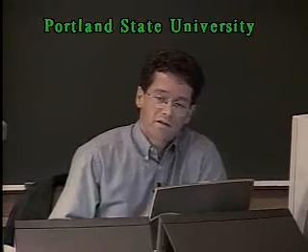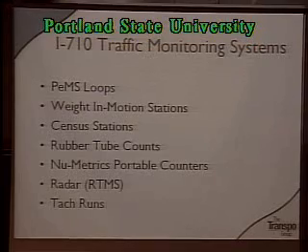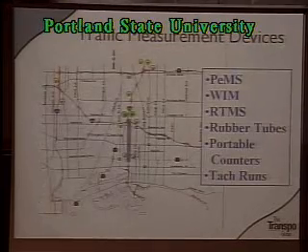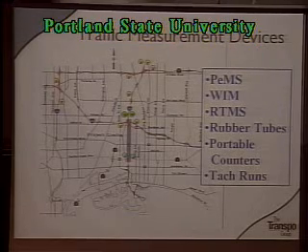These are different devices that were used as part of the traffic monitoring study. Pretty much all available devices were used. In the center of the graphics, you can see the construction zone, but the network that we looked at was obviously much larger, so that we could capture the effect of diversion.